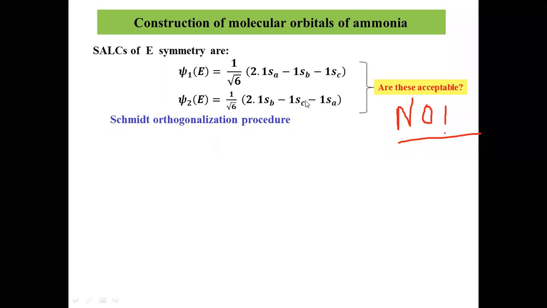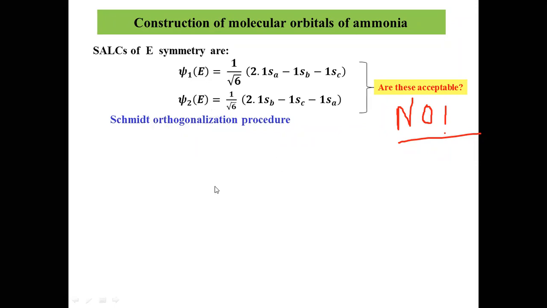These functions are not orthogonal, so we really cannot accept these two functions as such, what you are looking at on the screen. So we have to use the Schmidt orthogonalization, and using that we should be able to get the acceptable functions of the doubly degenerate representation E.